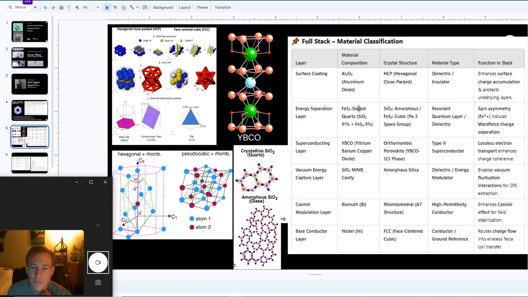And then you'd have like a surface coating of something like Al2O3, which will be always forming on the positive side in the presence of the atmosphere, and it acts like a dielectric insulator and basically enhances your surface charge accumulation in the underlying layers.